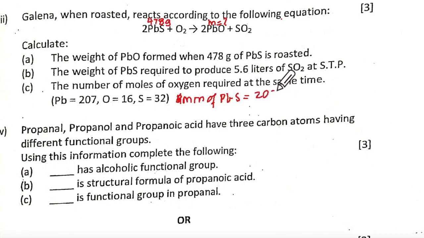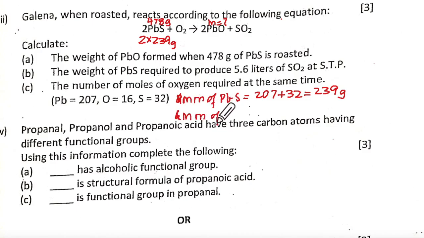Pb is 207 plus 32. How much is that? 239. So I'm writing here 2 into 239 gram. Make sure that your g doesn't look like 9, otherwise you'll say 2399. Okay, be careful. Disastrous mistakes happen under pressure.